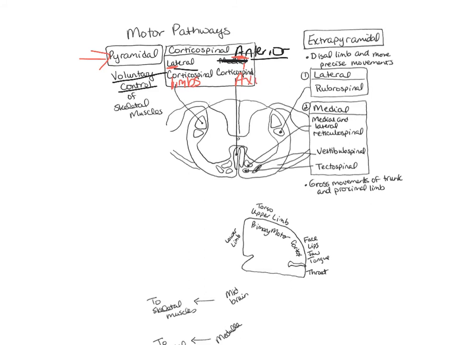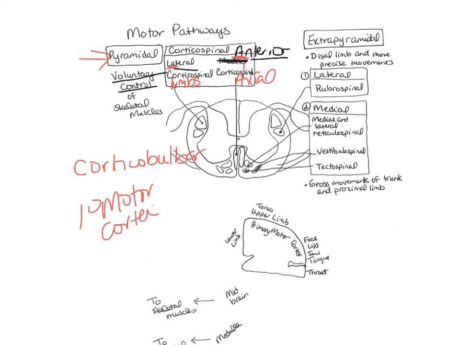So that's sending motor commands to the muscles that control your axial skeleton. Then we had the corticobulbar. Bulbar, okay? All of these originate in the primary motor cortex. That's where they're going to originate from.